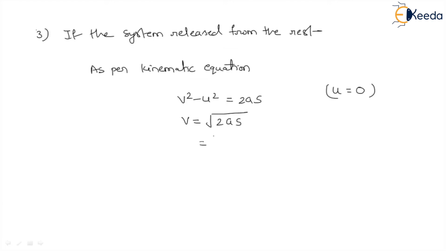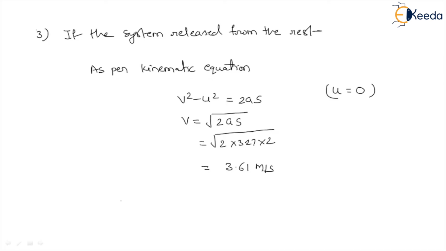Now we have the value of a and the distance also. So it is 2 into 3.27 into 2. S is the distance of block A from the corner, which is given as 2 meters. So the final value of v we will get as 3.61 meter per second. This is our final value.